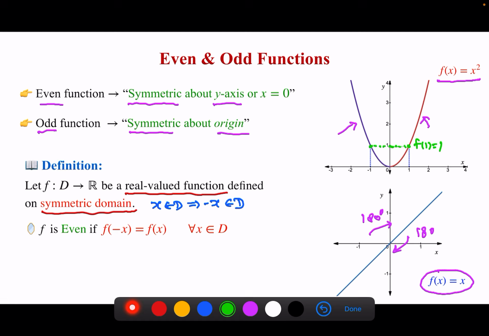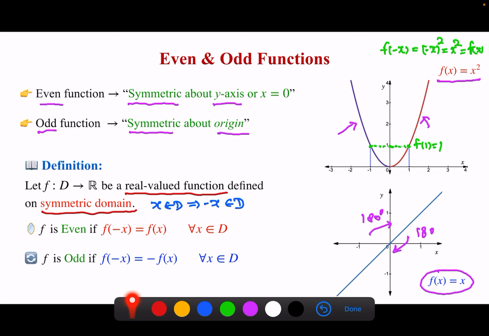So it is an even function. Also, if we replace x by minus x in this function, see, f of minus x equal to minus x square, which is equal to x square, meaning the original function we are getting here. So f of minus x equal to f of x. So it is an even function.